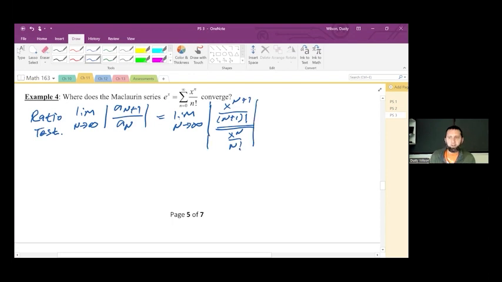I hope you recognize this as the same ratio we had in one of our previous examples. So this is equal to the limit as n goes to infinity of x over n plus 1, all in absolute value. Now, remember that as far as the limit is concerned, the only variable that's changing is the n. x is considered a constant for the purpose of our question.